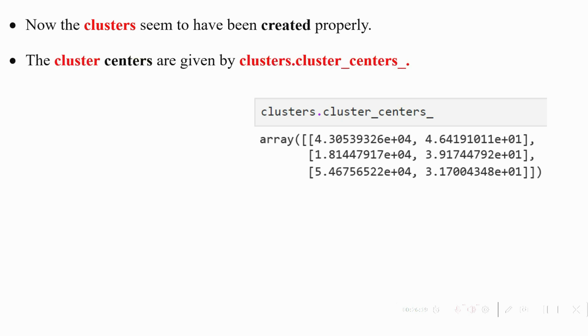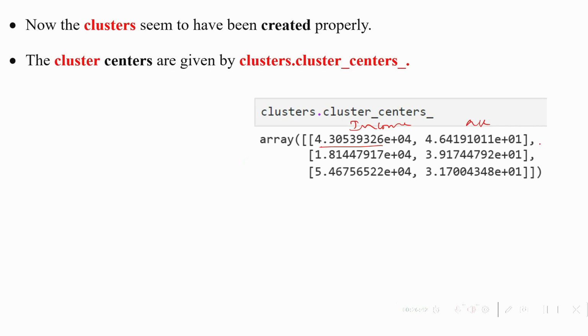The cluster centers are given by clusters.cluster_centers_. We are creating three clusters. The first cluster center has income and corresponding age, like that. They are the different feature values for the centers of all these clusters.